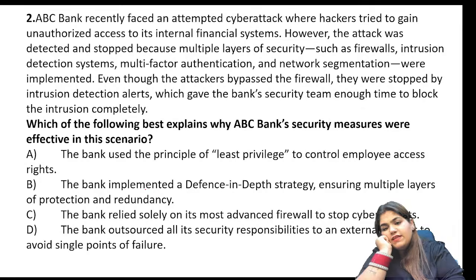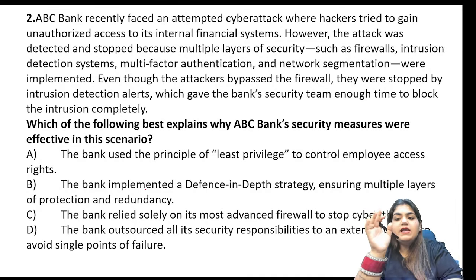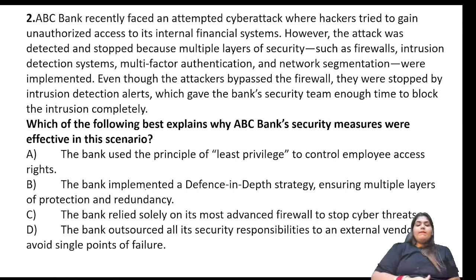ABC Bank recently faced an attempted cyber attack where hackers tried to gain unauthorized access to its internal financial system. However, the attack was detected and stopped because multiple layers of security, such as firewall, intrusion detection system, multi-factor authentication, and network segmentation, were implemented.